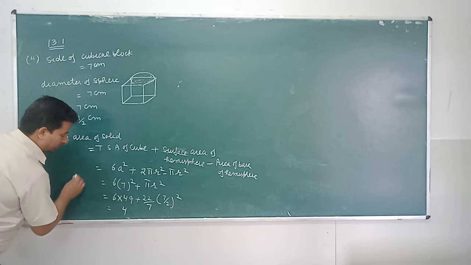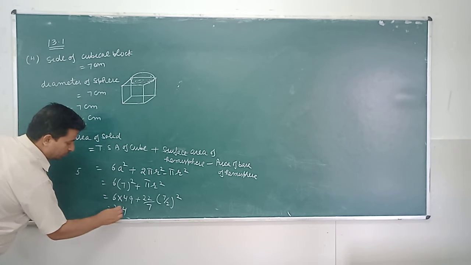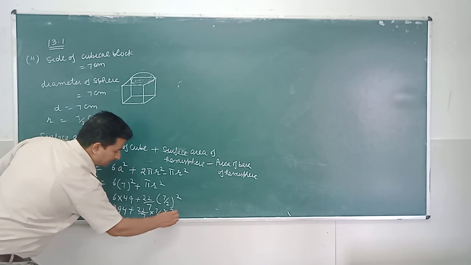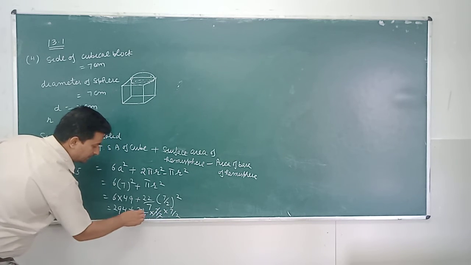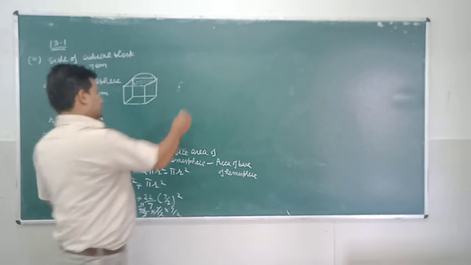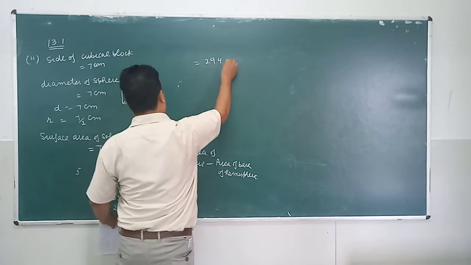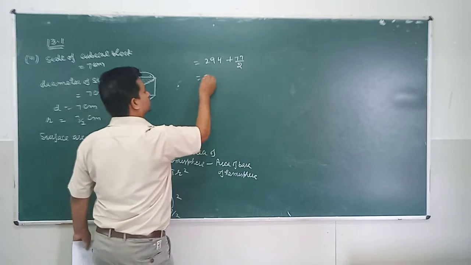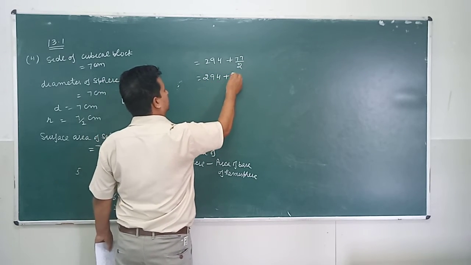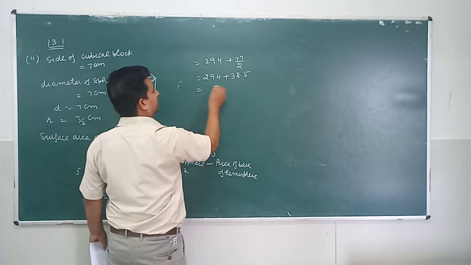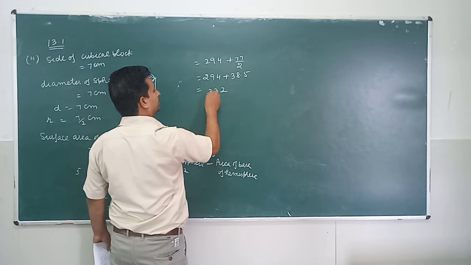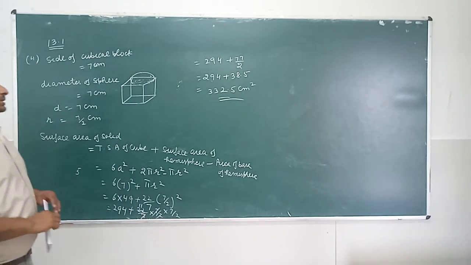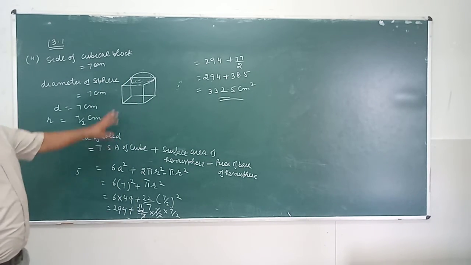This is 294 plus 22 by 7 into 7/2 into 7/2. This 7 cancels out, this is 11. So this becomes 294 plus 77 upon 2, which is 294 plus 38.5, which is 332.5 centimeter square. This is the total surface area of this solid.